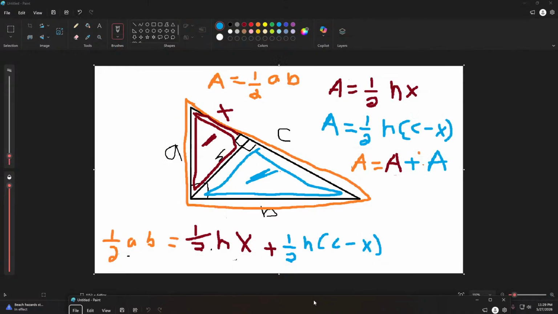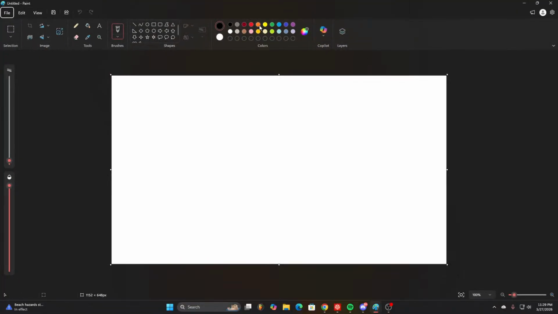Orange is the main one. 1/2 A times B is equal to 1/2 h times x plus 1/2 h times c minus x.